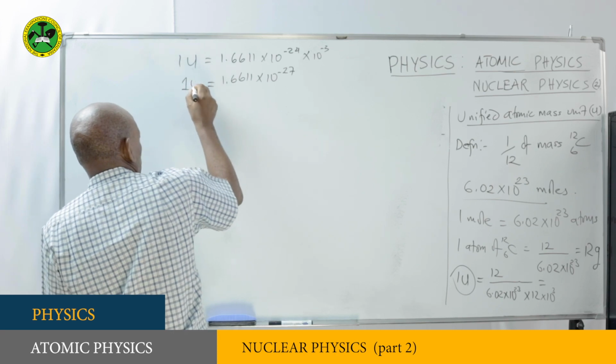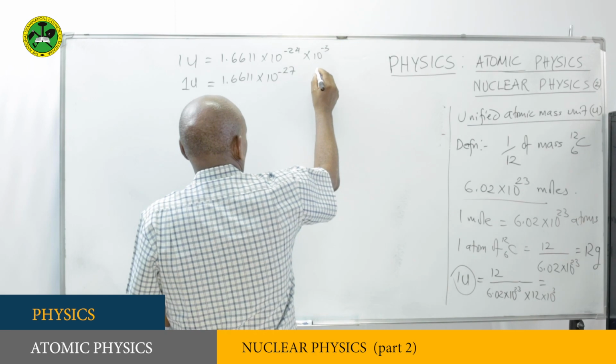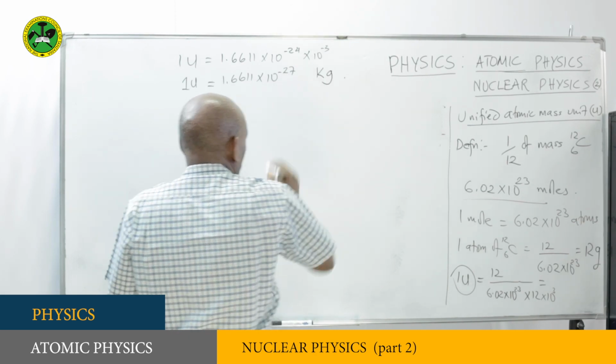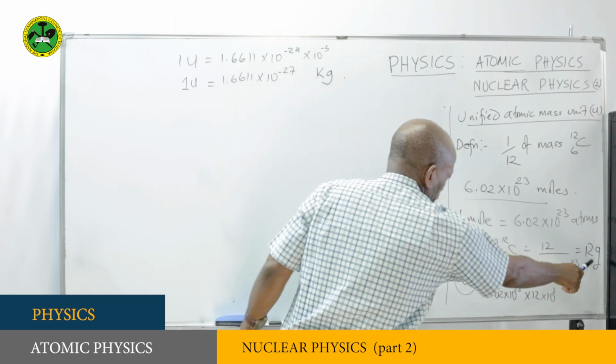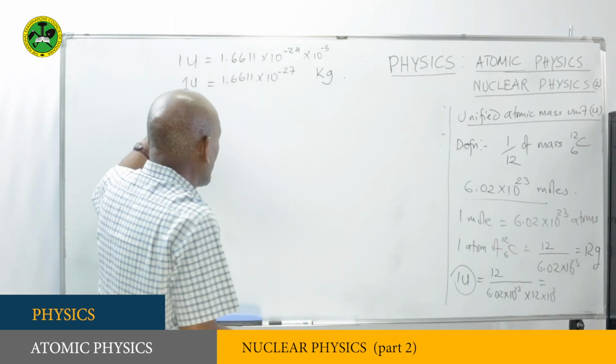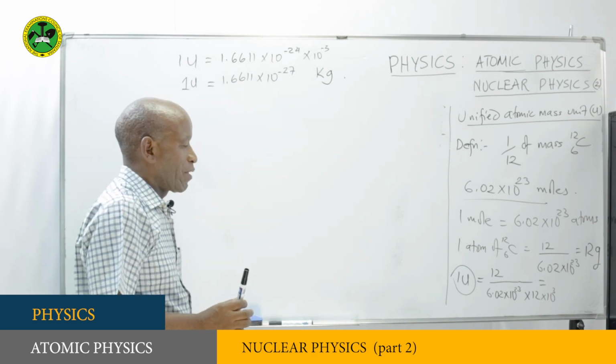So 1 U in terms of mass in kilograms will just be equal to that much.